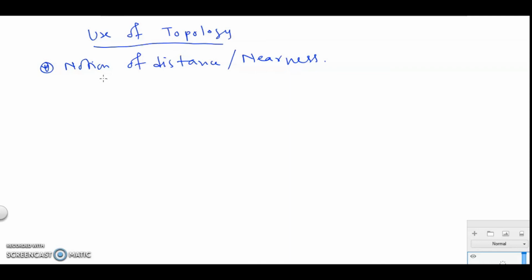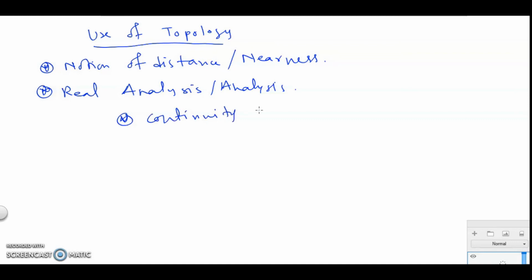If you have studied real analysis or any analysis topic, you can remember that this notion of distance is the most important notion, which helps to study two fundamental topics of analysis: one is continuity and the other is convergence.